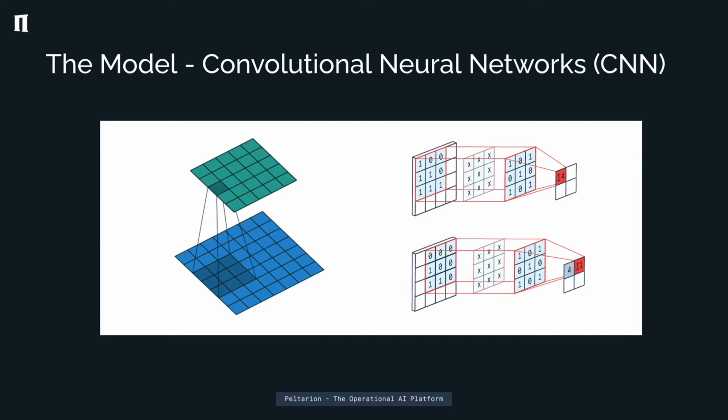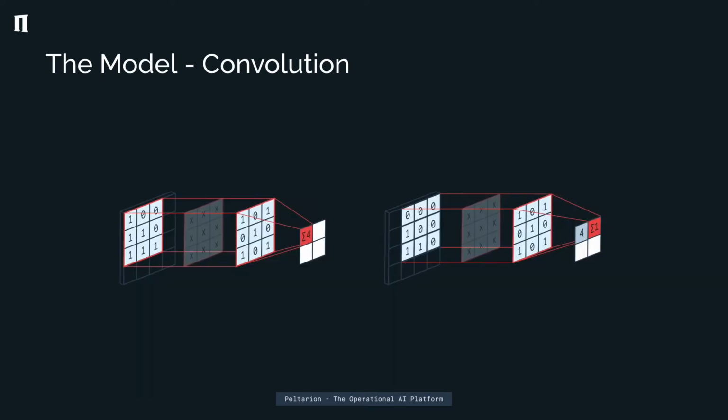There are 2 main concepts I'll talk about to help you understand how neural networks work with images. The first is the convolution part. It's the way the machine takes the image, converts it into numbers, and then understands what's in the numbers.